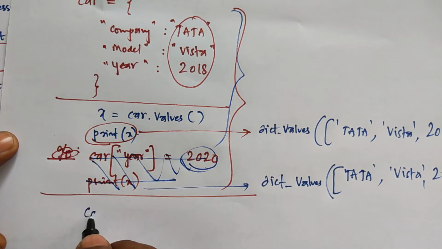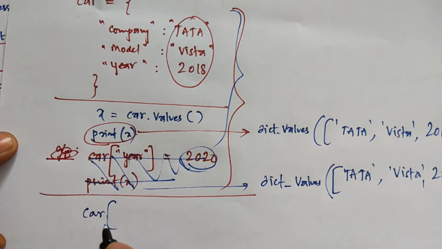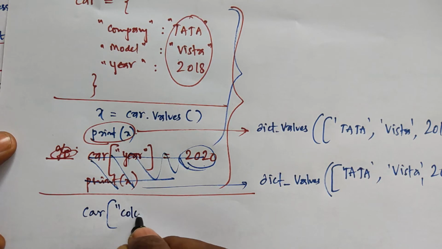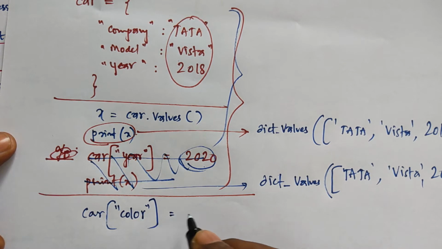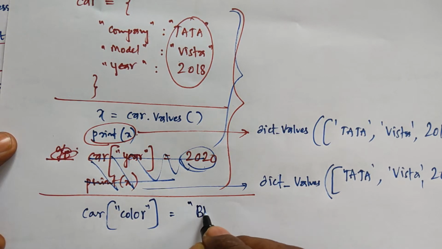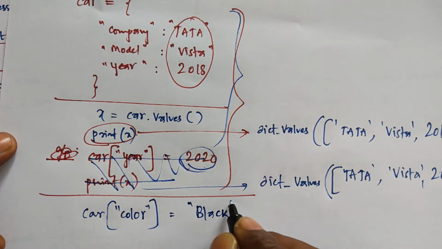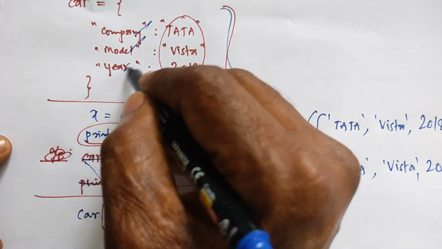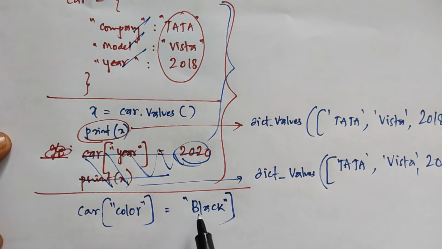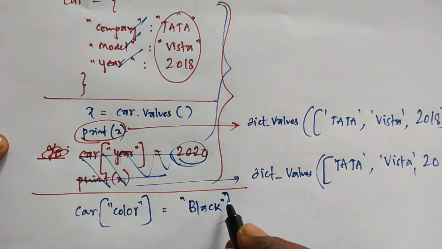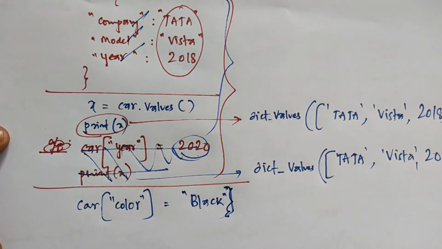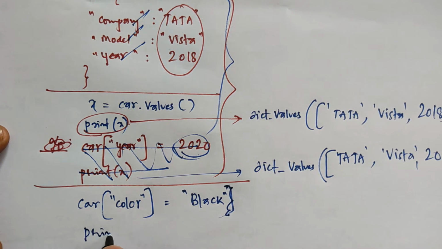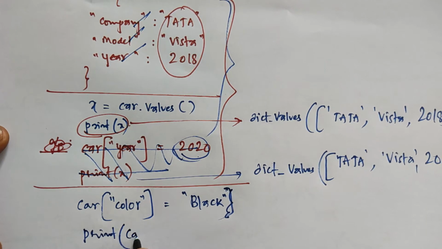Then you take car of, and we create a new key, the actual color, and that value is black. Already we have company, model, year, and now we are adding one color, black.